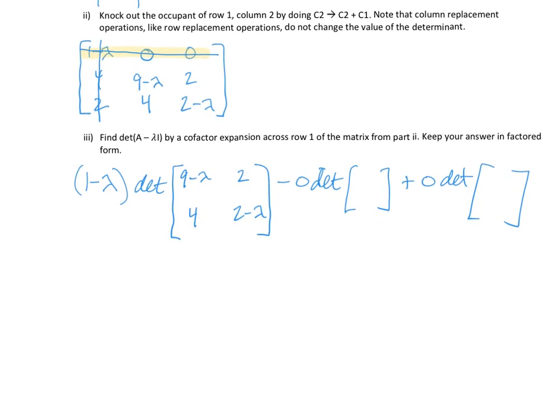All right. So I'm going to keep working on the first term here. So I've got 1 minus lambda times the determinant of a 2 by 2, which is AD minus BC: 9 minus lambda times 2 minus lambda minus 2 times 4.